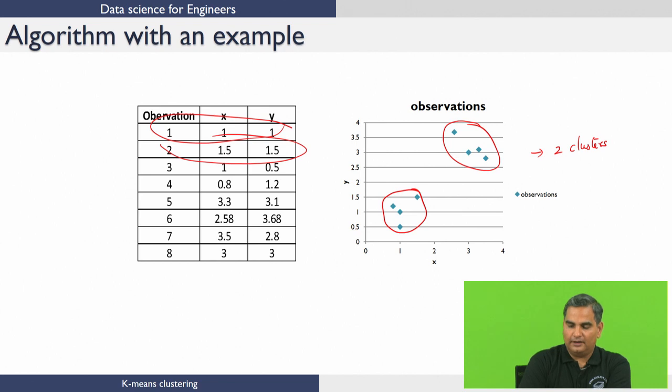What we do is we know ultimately there are going to be 2 clusters. So, we are going to start off 2 cluster centers in some random location. That is the first thing that we are going to do. You could start off 2 clusters somewhere here and here, or you could actually pick some points in the data itself to start these 2 clusters.